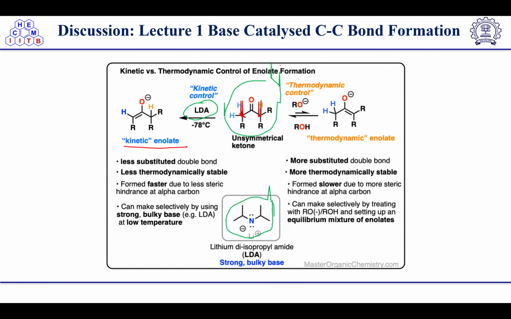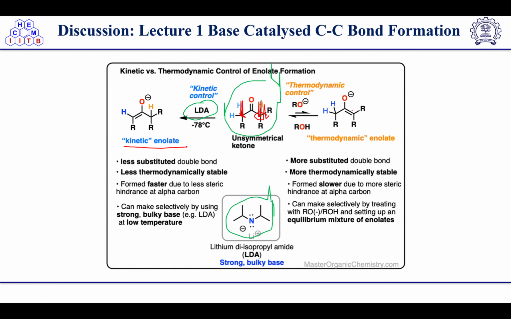If you use a smaller and milder base, it will abstract the proton from the most hindered side and give you a more substituted double bond, which is a thermodynamic enolate.